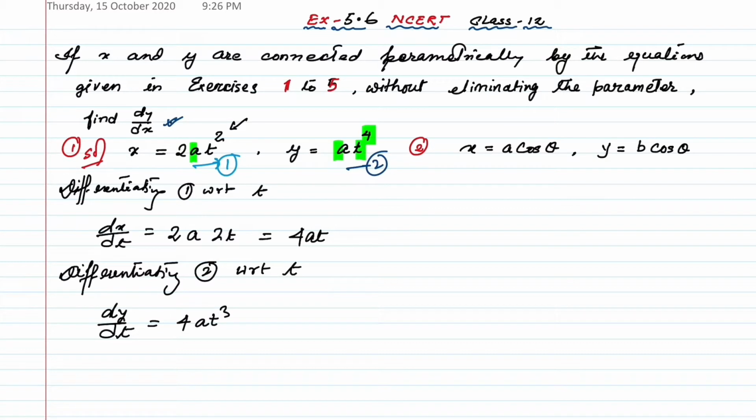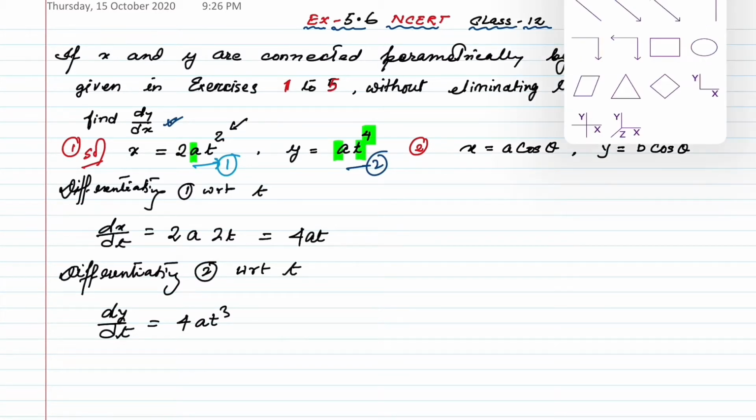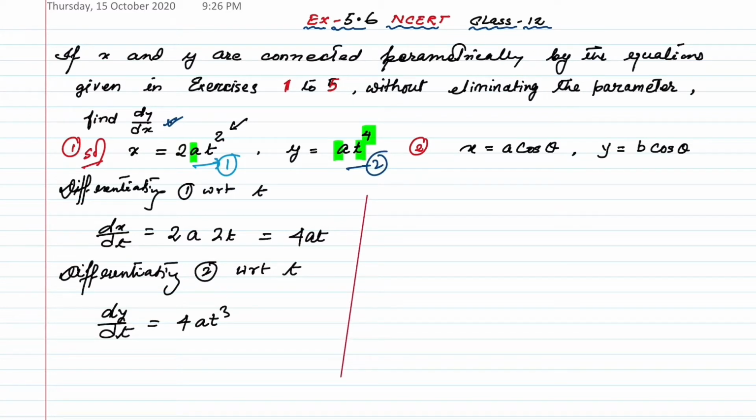So now here you see, in order to find dy by dx, which is equal to dy by dt divided by dx by dt.